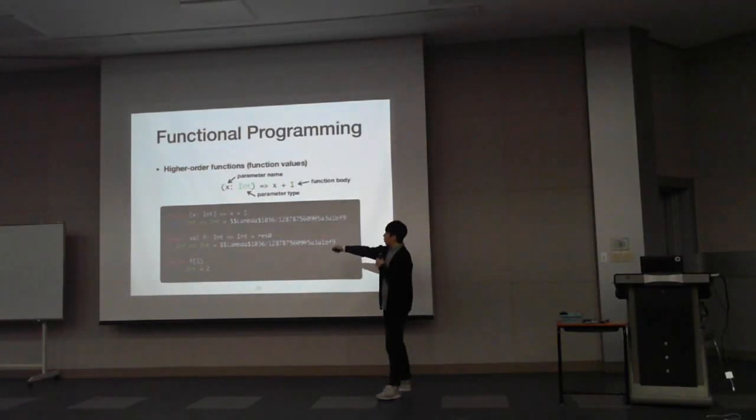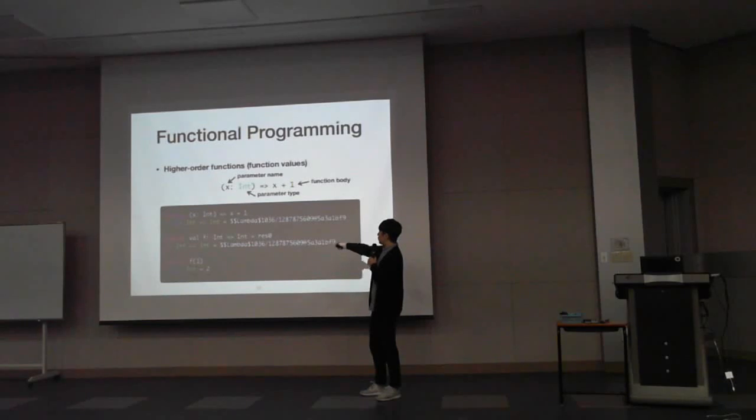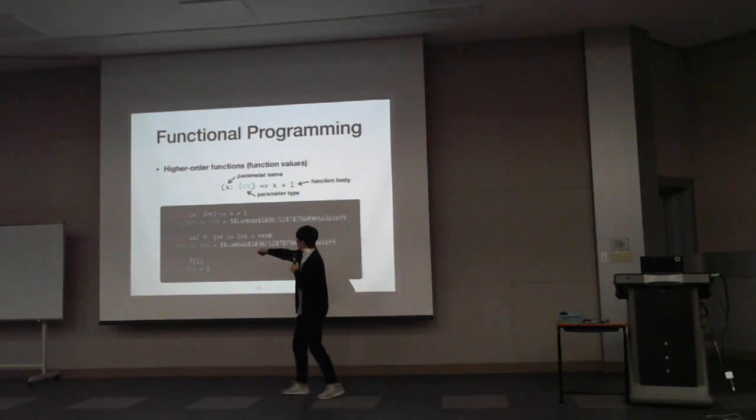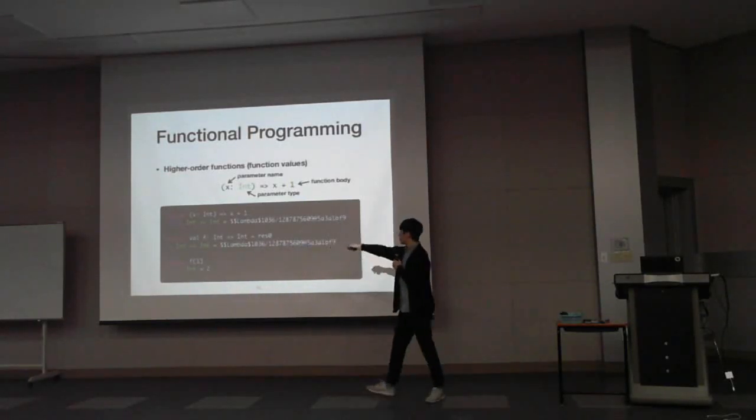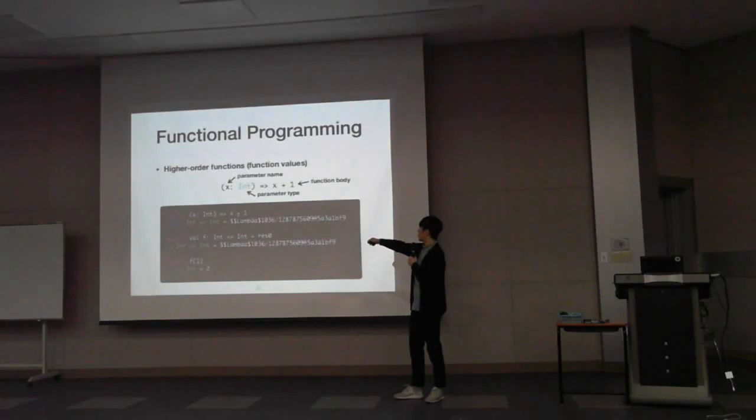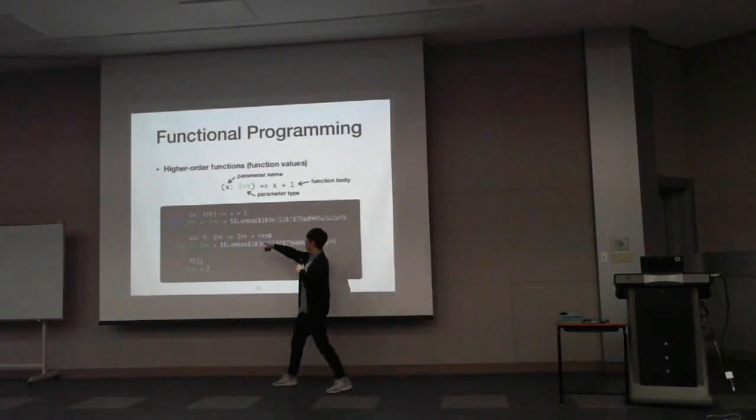So if you type this statement, this expression into the interpreter, then it returns the function type, and it will assign it to res0. So we can store this function value into the immutable variable. So this is the function type Int to Int.